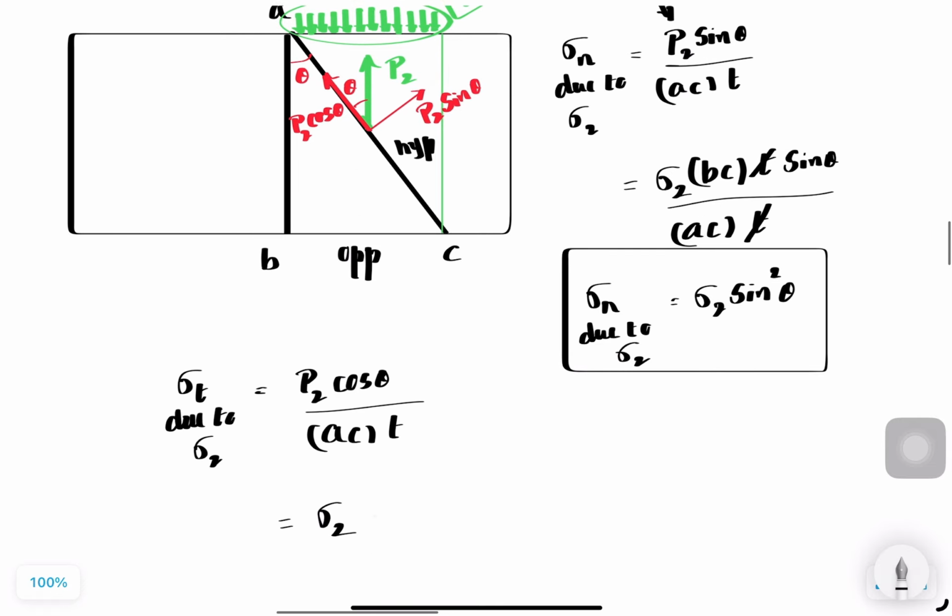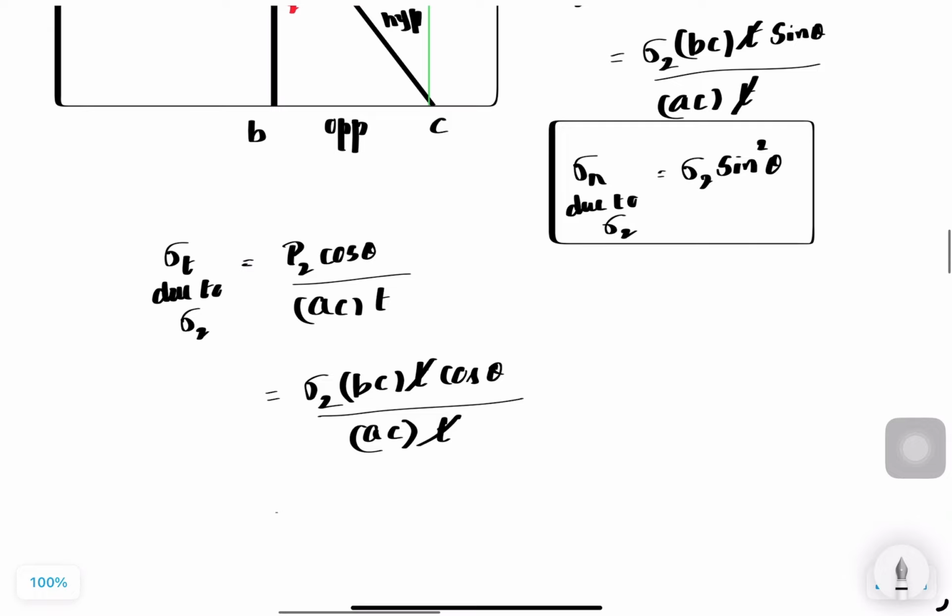So it is sigma 2 into BC into thickness into cos theta divided by AC into thickness. I can cancel the thickness on either side. We know that BC by AC, opposite by hypotenuse, is sine theta. So I'll get sigma 2 into sine theta cos theta. That's the expression for sigma t due to sigma 2.